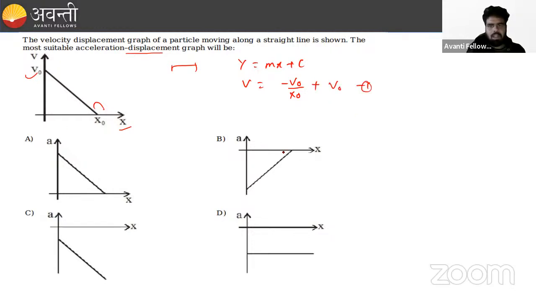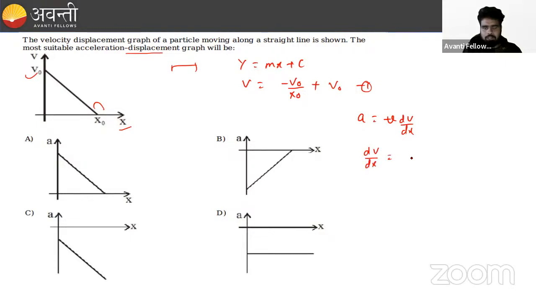This is the equation. And the relation in the options is given between a and x. We know that in the acceleration format, a equals v dv upon dx. So if we differentiate this equation, what is dv upon dx here, guys?